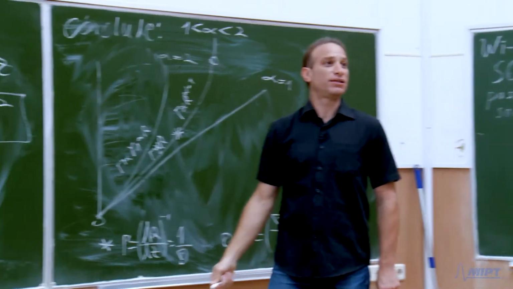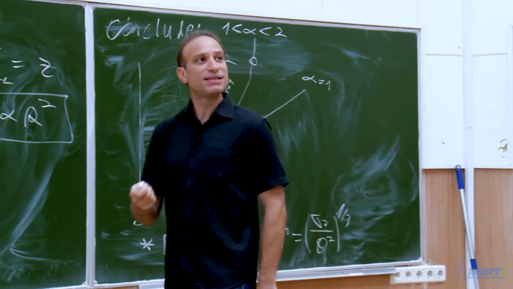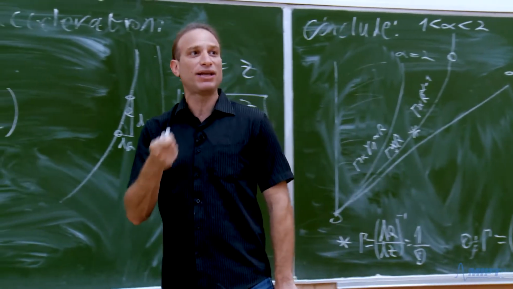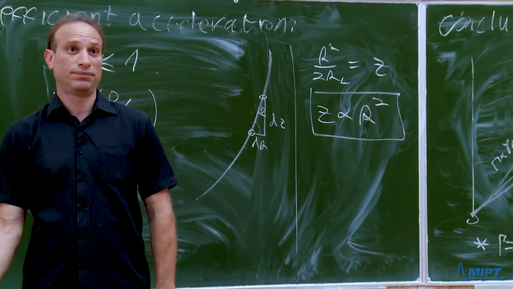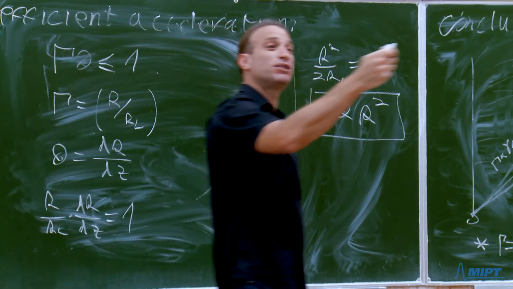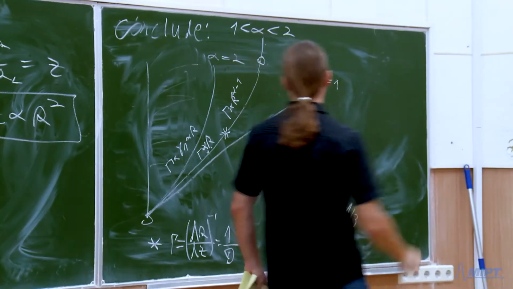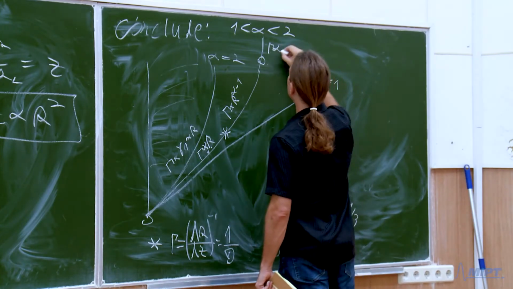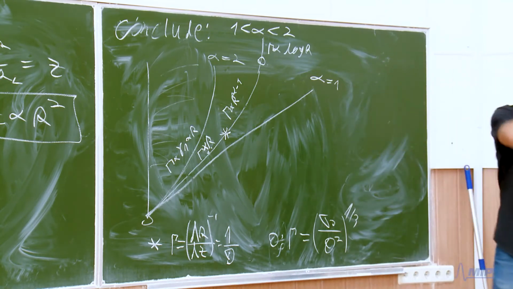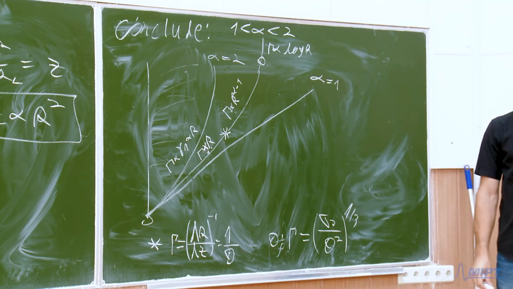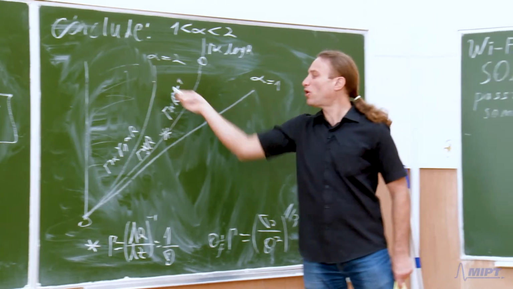I'm not exactly stopping accelerating, but my gamma is now changing logarithmically with r, which is a very, very small rate of acceleration. So above this, gamma is proportional to log r. So these are curves that are between parabola and linear.